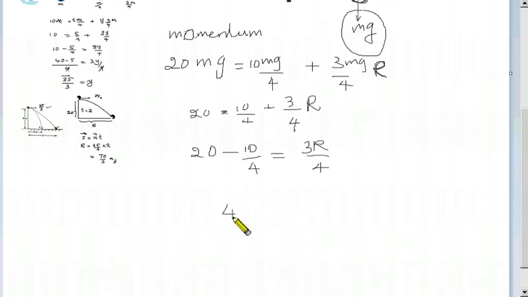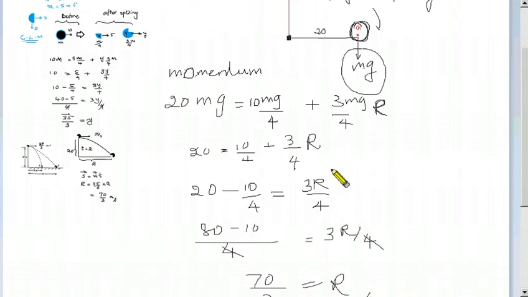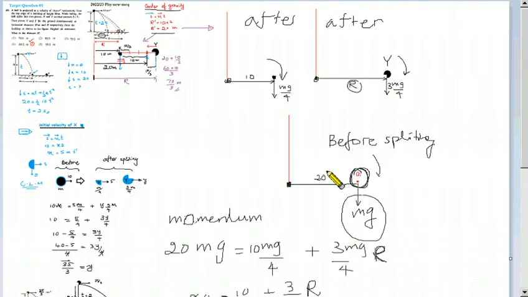Now take 4 times 20, 80 minus 10, then 4 cancel, 70, divided by 3 is r. Same answer, but the path is longer.